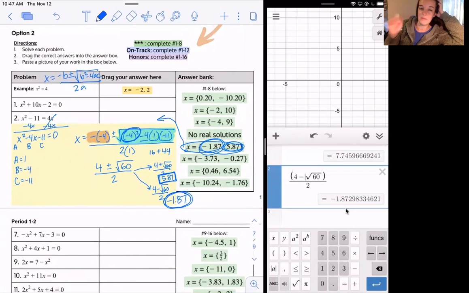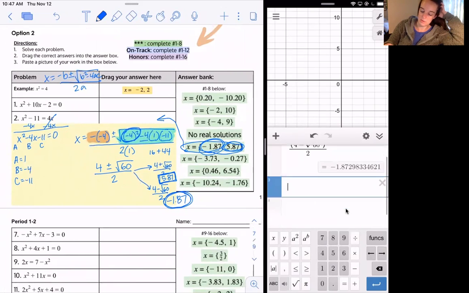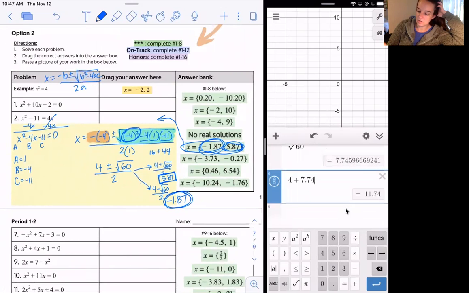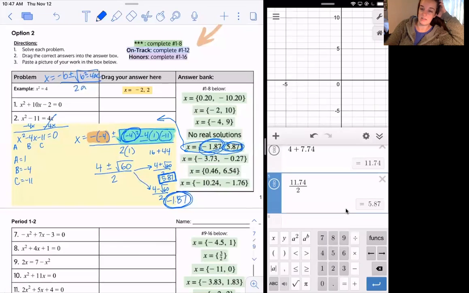Just go to desmos.com and click it. But if you want to do it more by hand, you could do square root of 60. You get 7.74. You would do 4 plus 7.74 is 11.74. 11.74 divided by 2 is 5.87. So you'll get the same number there. So that is how we do number 2.